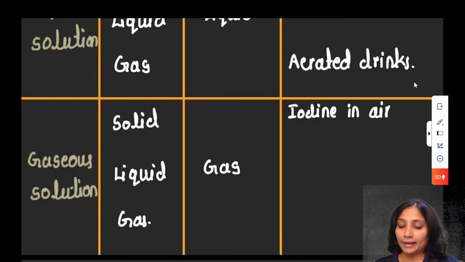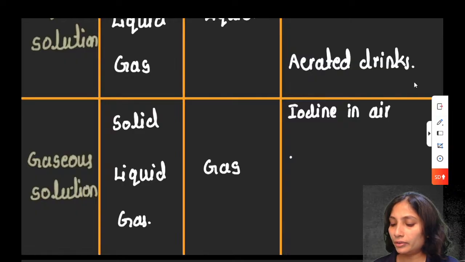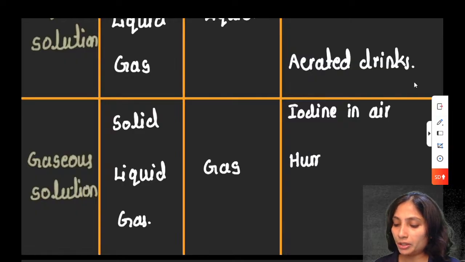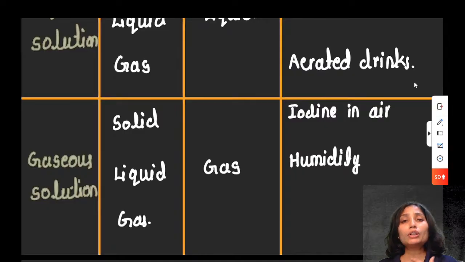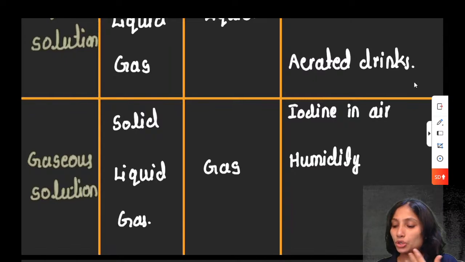Next one is liquid in gas. Which one? Humidity, where water will be present in air. Or chloroform mixed with nitrogen gas. Chloroform will be in liquid state, it forms tiny vapors in nitrogen gas.